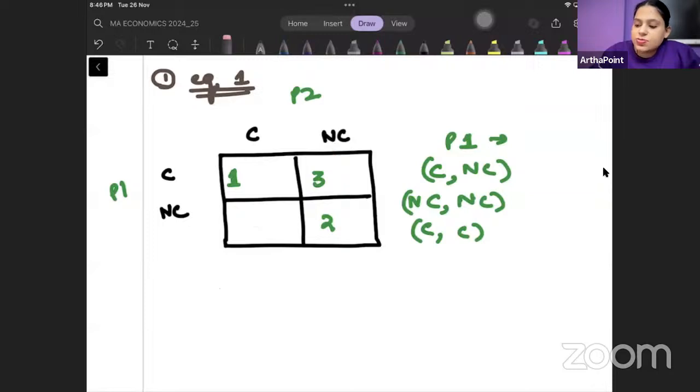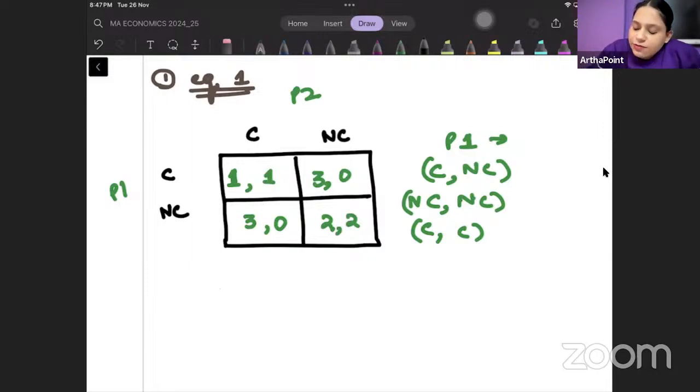And the fourth best is when he didn't commit to the crime, but the other person committed to the crime and put him in jail. So I'm giving this as 0. This payoff you can write in any terms. Instead of writing 3, 2, 1, 0, you could have written 4, 3, 2, 1, it does not matter. The reverse will happen here: 3, 0, 1, 2. Right?